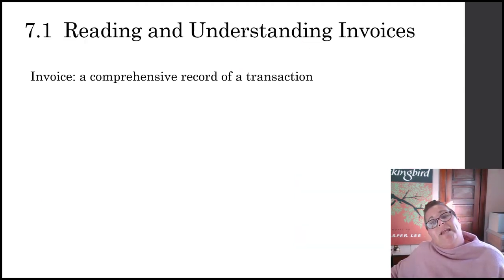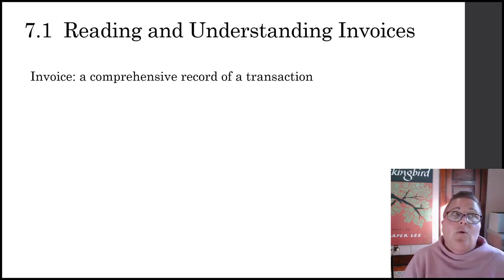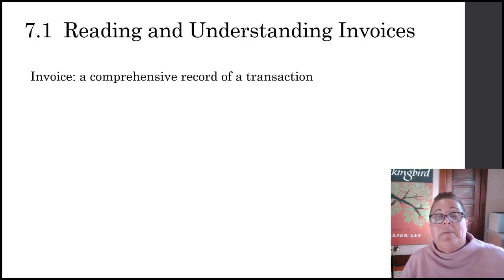All right, so what is an invoice? An invoice is a comprehensive record of a transaction. In a business situation, it is usually a page or a half a page, and it gives a description of who you bought the item from, how much it cost, how many units you purchased, whether or not you have time to make payment or whether payment is immediate.